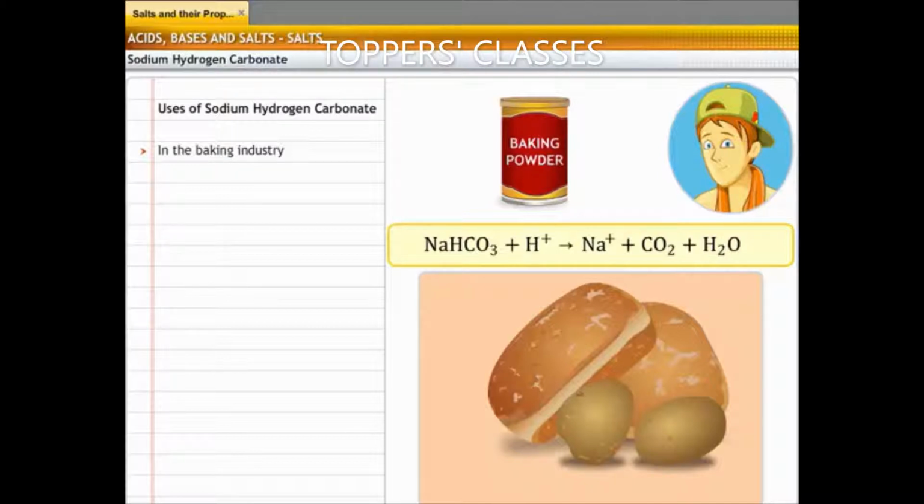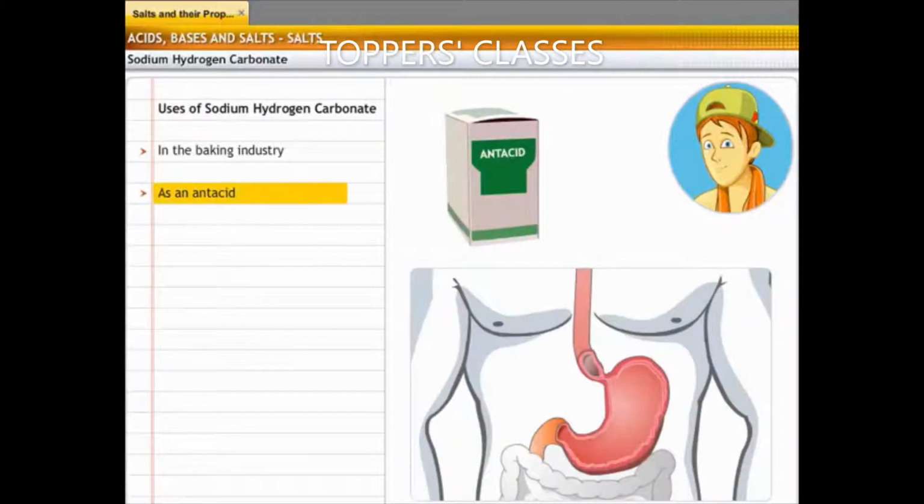Baking soda reacts with the hydrogen ion of tartaric acid and releases carbon dioxide, which bubbles out and helps to raise bread or cake in the process of baking. It is also used as an antacid because, being alkaline, it helps to neutralize the acid of the stomach.